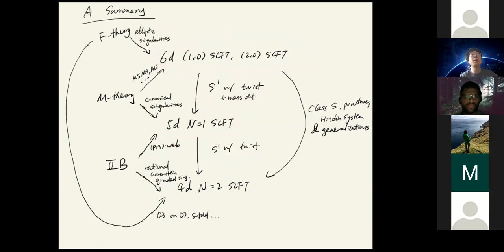Yes. First thing is that in going from 6D to 5D, you have added some mass deformation, but you also said that 6D theories don't have a mass deformation. Oh, sorry. Here you should think about it as holonomies. Sorry, I said mass deformation, but it's really holonomy.